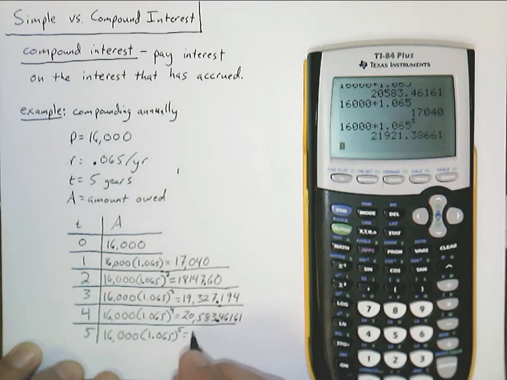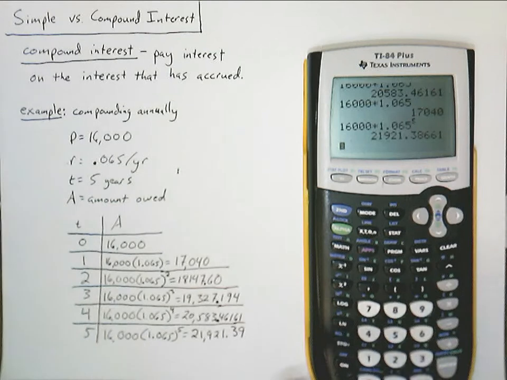And there we go. So we're going to have to pay back $21,921 and about 39 cents. We'll round it off there because that is going to be the actual amount that we have to pay back. So they're going to take this amount now, divide it up amongst 60 months over the 5 years, and that'll give you your monthly payment. But you still are going to have to pay back this total amount.